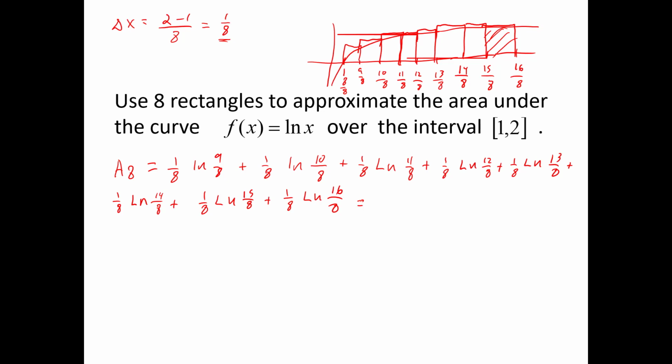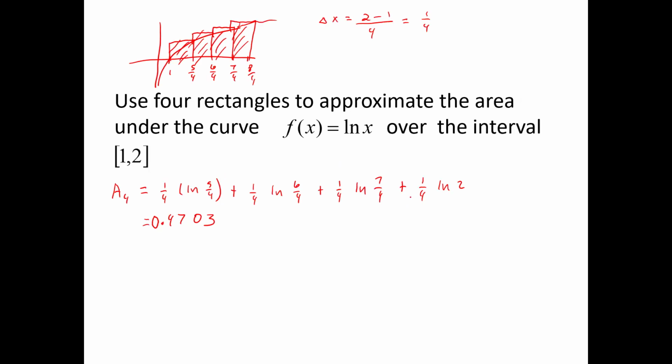Hit enter, divided by 8, and you get that using this, you get 0.429 to 4 decimal places.